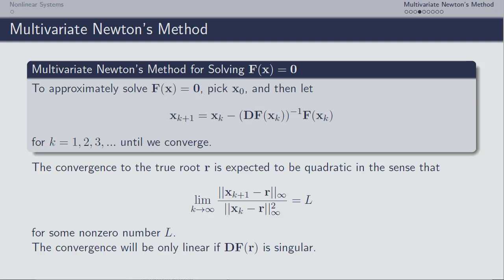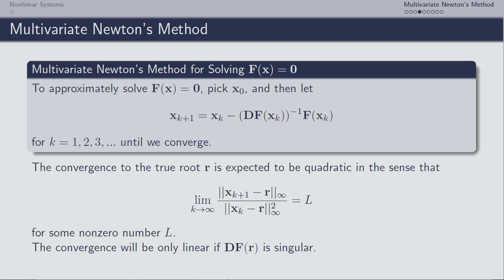So like we had with single variable Newton's method, multivariate Newton's method is also quadratic. What exactly do I mean by that? So if the true root is r, we would expect the limit as k goes to infinity of the infinity norm of xk plus 1 minus r divided by the infinity norm of xk minus r, squared, to equal L, some non-zero constant.